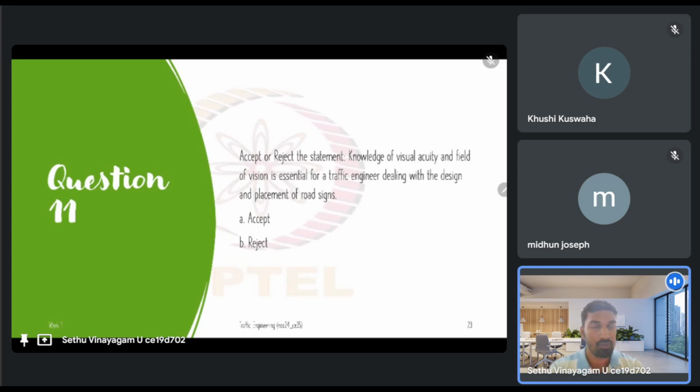Within the field of clear vision, which is within 3 to 10 degrees, we have to place the signs so that they are able to read them. So the field of vision comes into play for the vertical as well as the lateral position, and visual acuity comes into action when deciding on the position of the sign. Both of these are important. Therefore the given statement is correct, that it is essential for designing road signs.